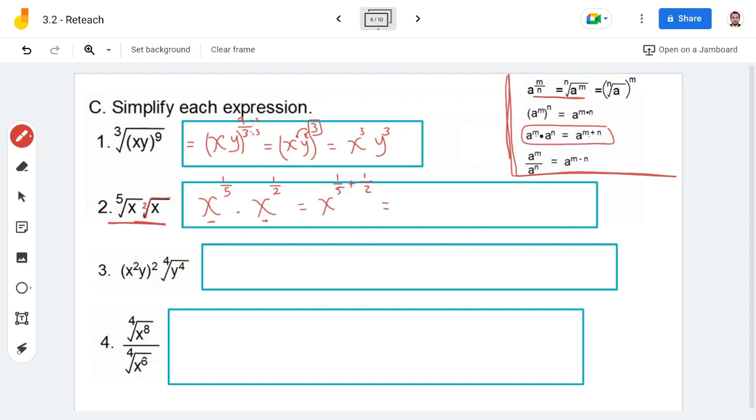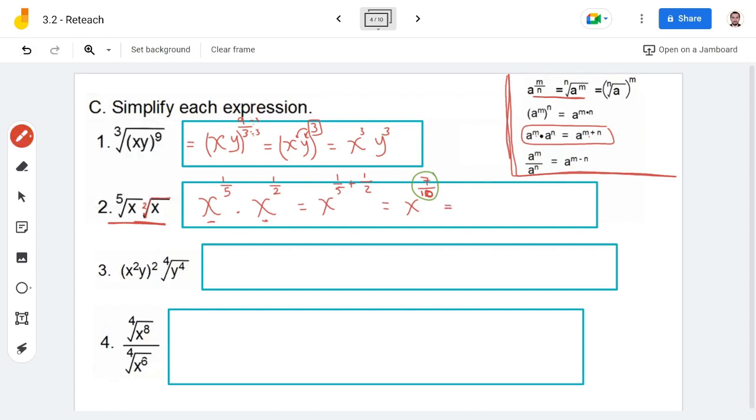As you can see, 1 over 5 plus a half, you will get, I think, 7 over 10. So x to the power 7 over 10. Because the power here is a fraction, it's not like this one, which is just one number and easy to understand.